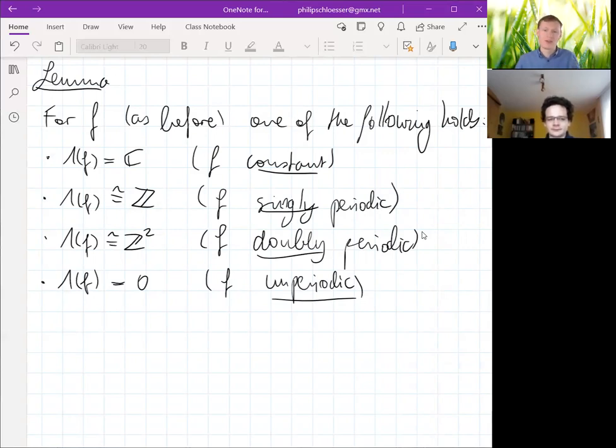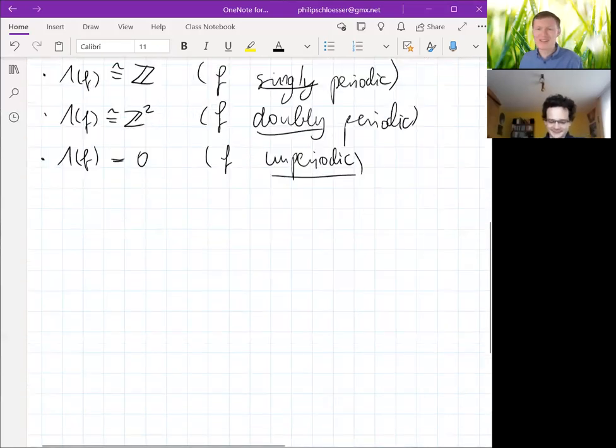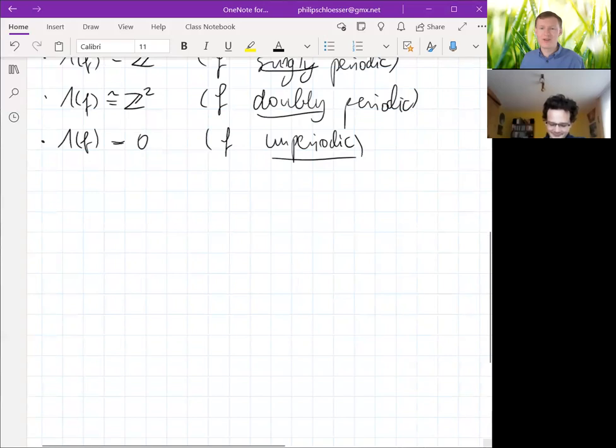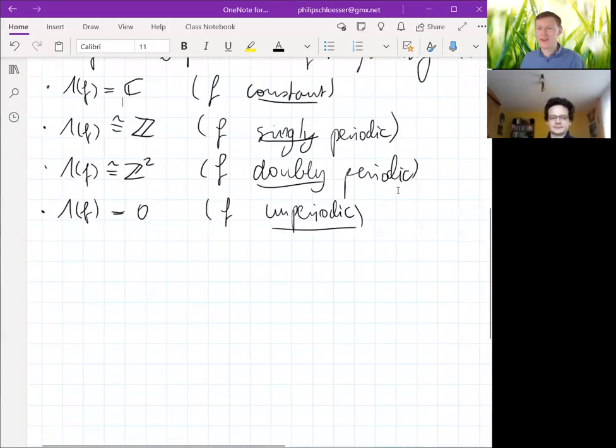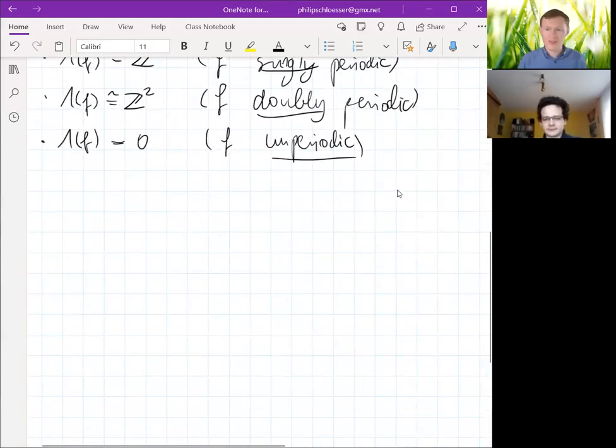In a way, the exponential function modified by some period factor is the most fundamental one, and all of the other ones can be expanded as a power series. And unperiodic functions, I don't know, they are not for us. We are going to have a look at doubly periodic ones, or at least the most interesting cases are going to be doubly periodic ones.